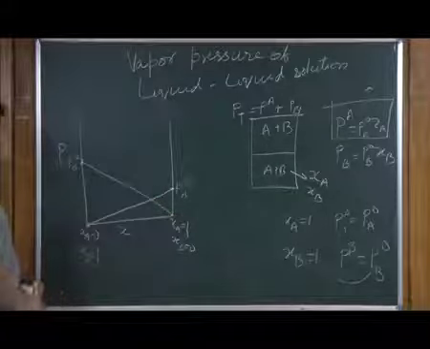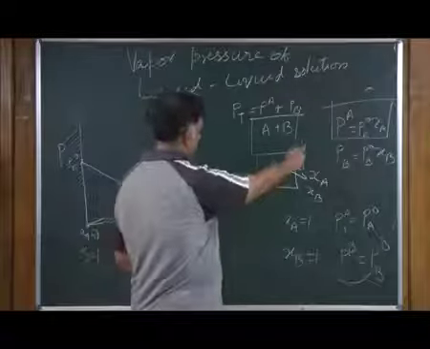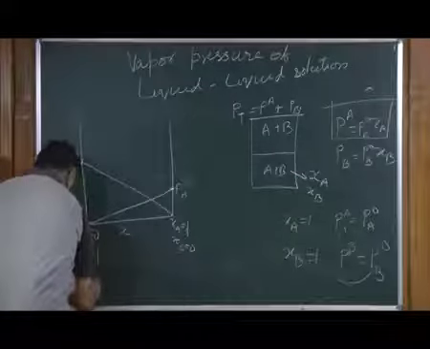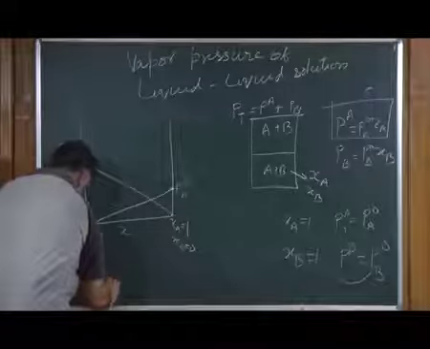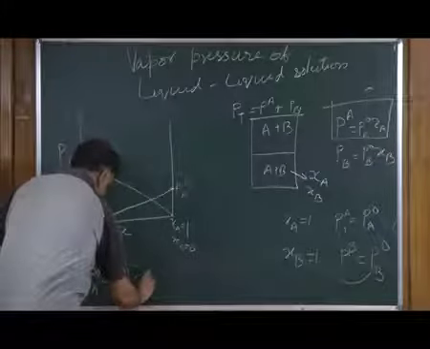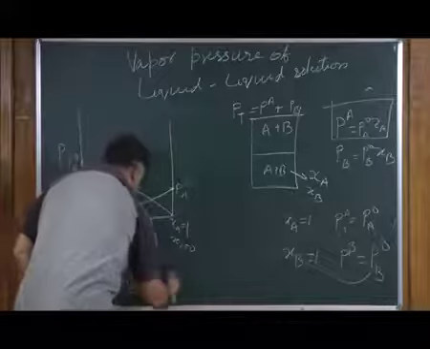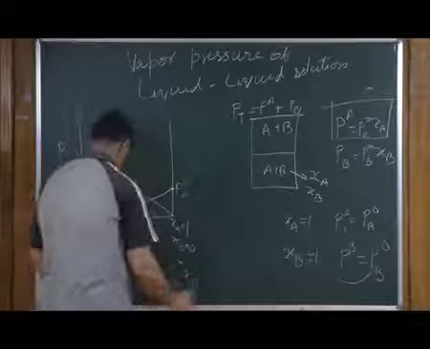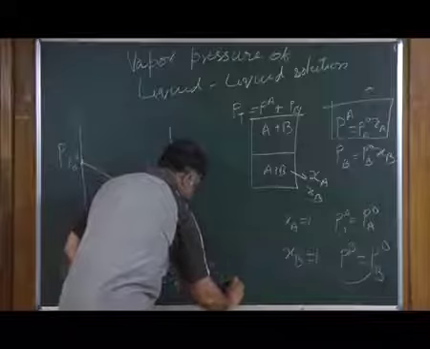What about the total pressure? The total pressure we can calculate from this equation. Total pressure is P A 0 X A plus P B 0 X B, and I can substitute X B is equal to 1 minus X A. So, we get P A 0 X A plus P B 0 (1 minus X A).